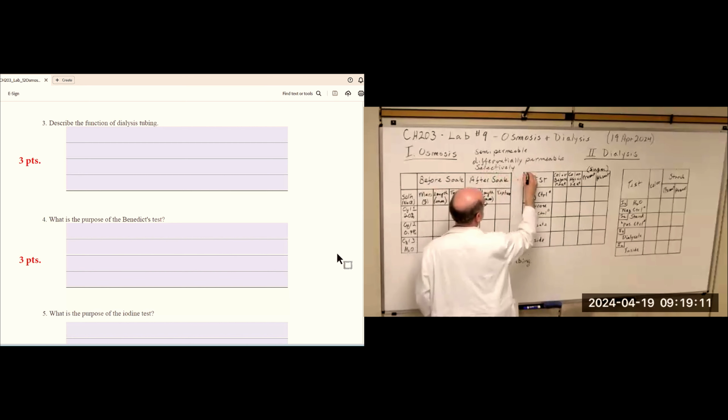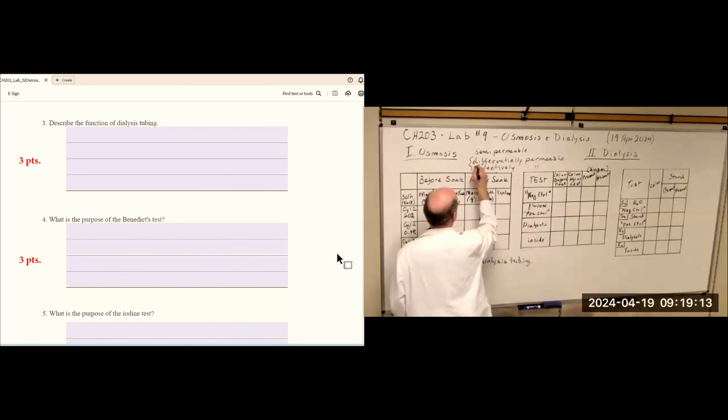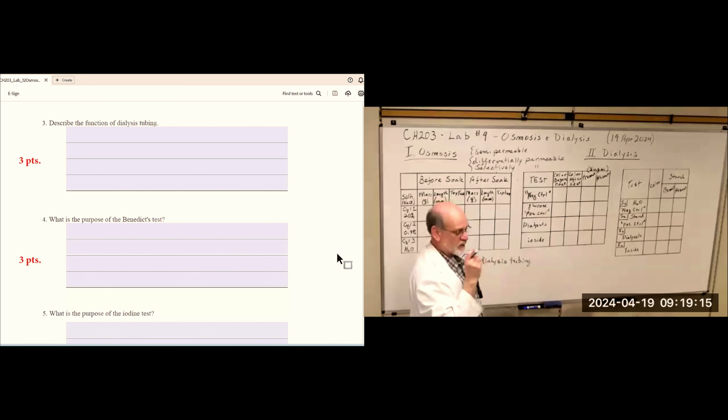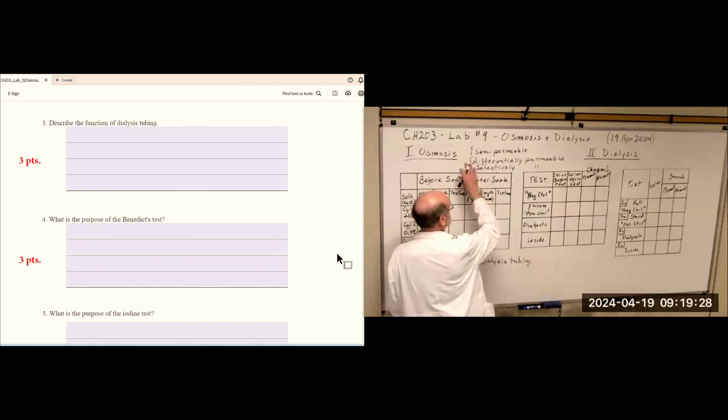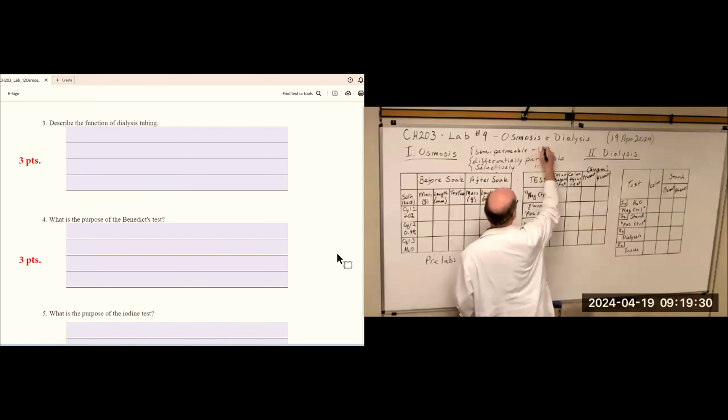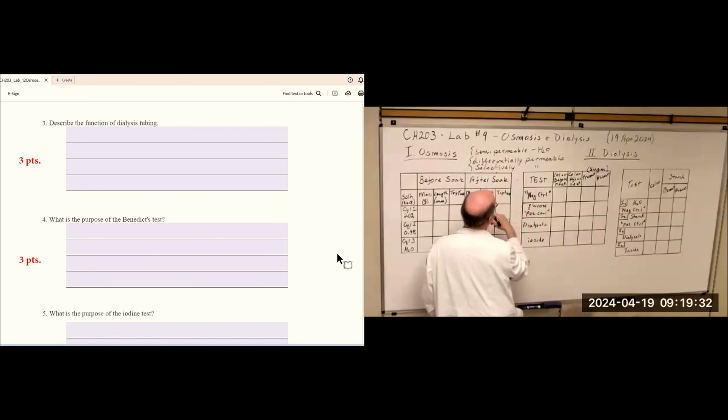These two are synonymous. The semi-permeable membrane is one that only allows water to cross it, or anything smaller, like gas molecules will go through those membranes. But for our purposes, we're focused on water crosses the membrane and nothing else.